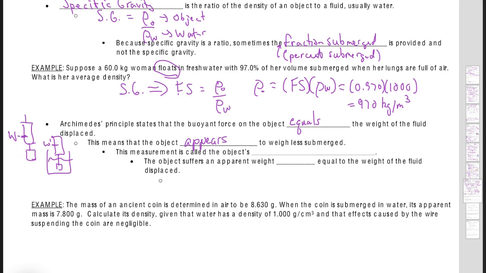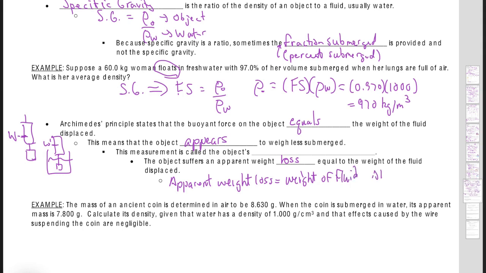And the reason I say it appears to weigh less is because technically it doesn't weigh less. It's just that the buoyant force is taken away from the weight in air. So the object suffers an apparent weight loss equal to the weight of the fluid displaced. So apparent weight loss equals weight of the fluid.